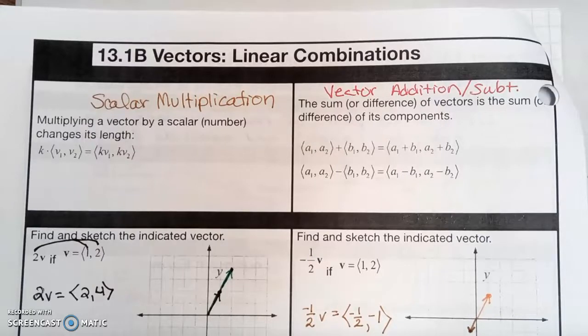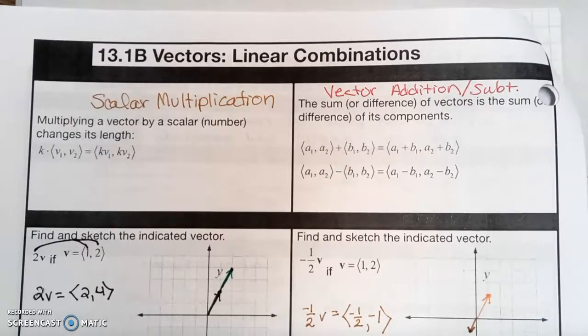So there's going to be something multiplying by your vector, and it's going to change its length. I think in one of the examples there's a whole number, and in another example there's a fraction, and there's one that's positive and one that's negative. So you can see a difference in them.